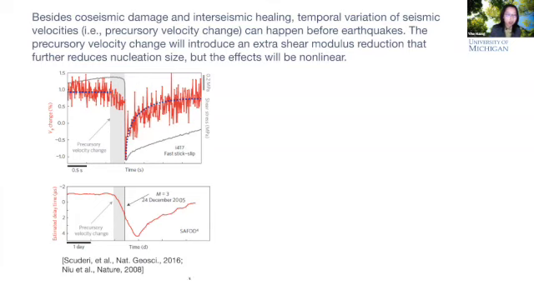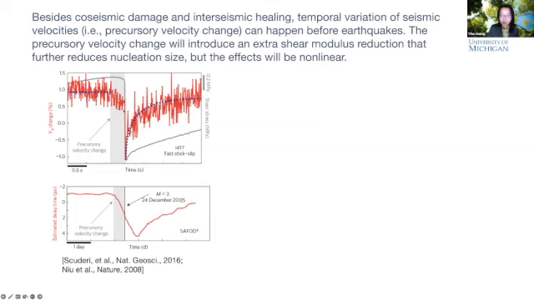For example, here, this is a fast stick slip experiment. And the red lines here show the P wave velocities close to the fault. You can see that before this fast stick slip event, which is represented by the reduction of the shear stress, there is about 1% P wave velocity reduction within like 0.5 seconds.